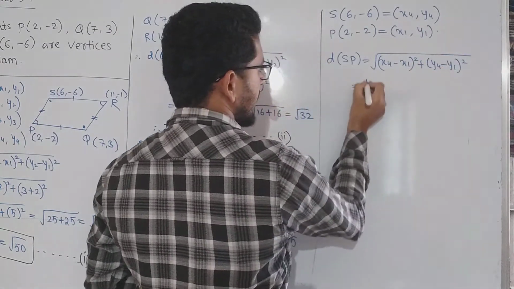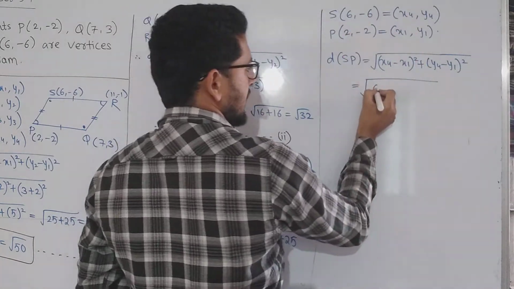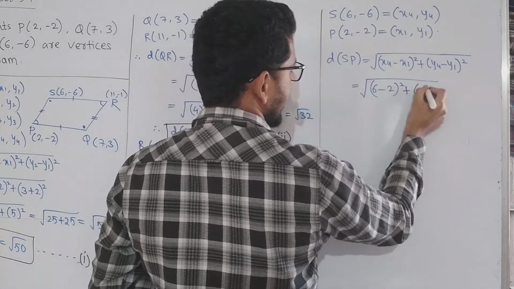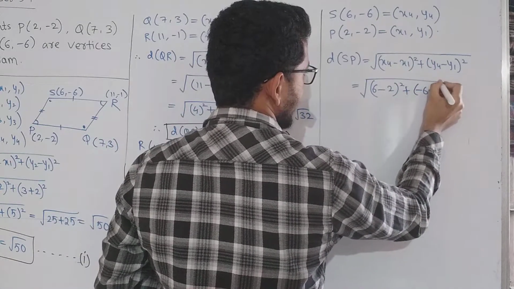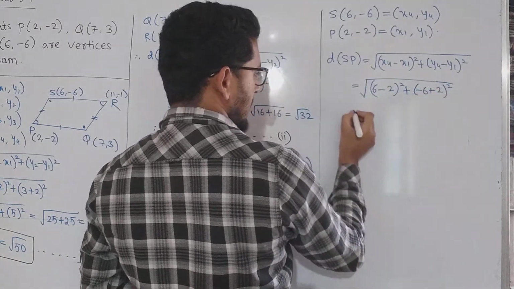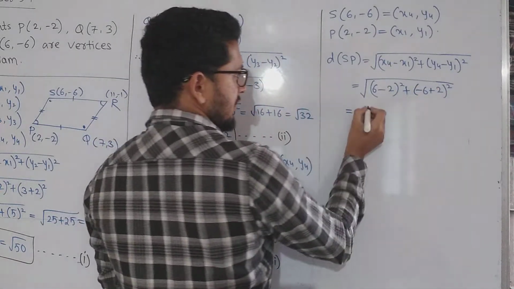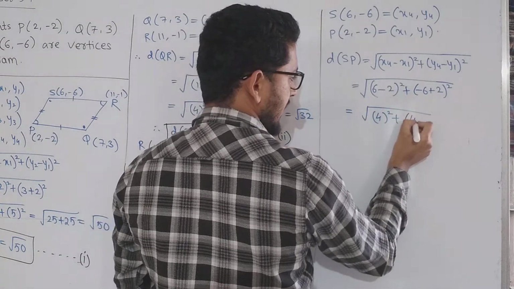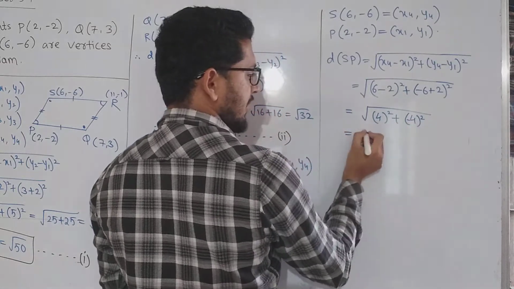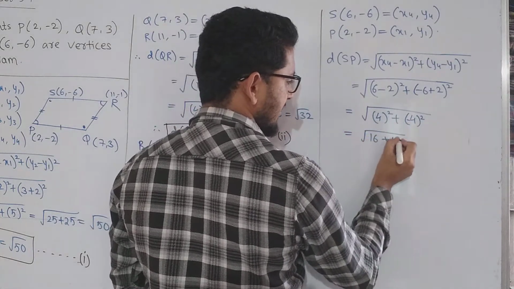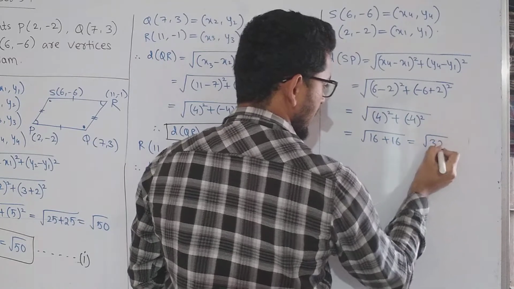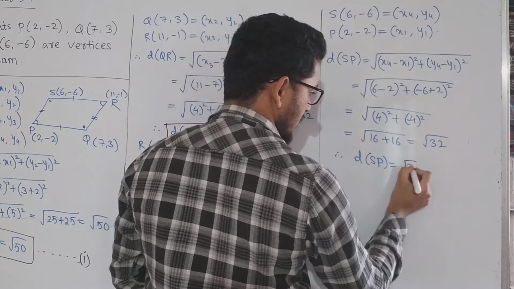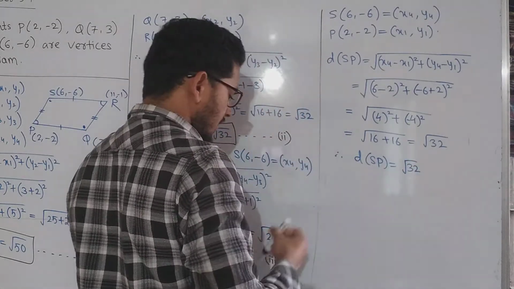What is the value of x4 here? x4 is 6 minus x1 is 2 bracket square plus y4 is -6 and y1 is -2 bracket square. So minus of minus, this will become plus 2. Okay, so this will be 6 minus 2 is again 4 square, -6 plus 2 is again -4 square, 4 square is 16, -4 square is again 16, 16 plus 16 is root 32. Therefore distance of SP is equal to root 32 units, and here we will call this as equation number 4.